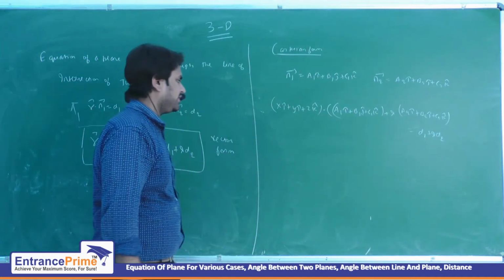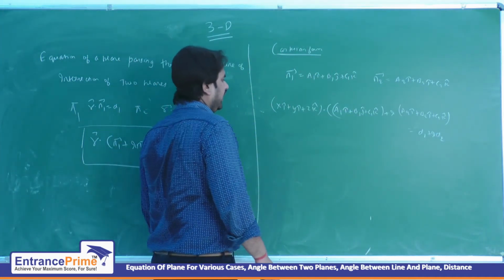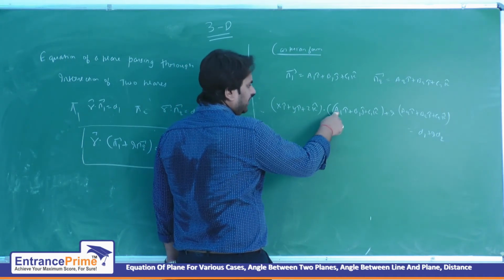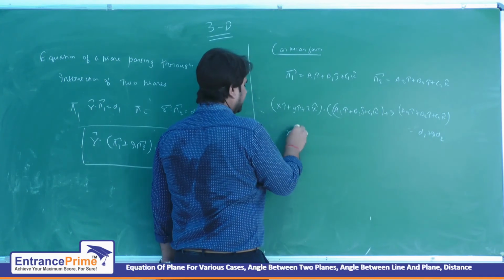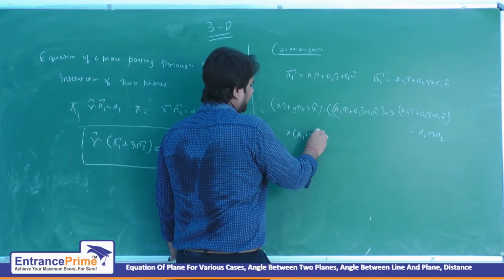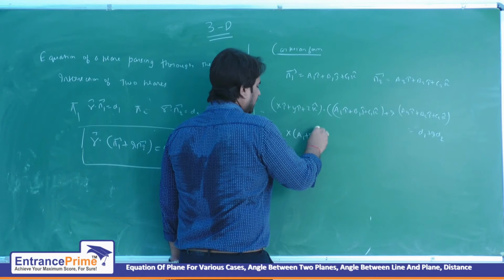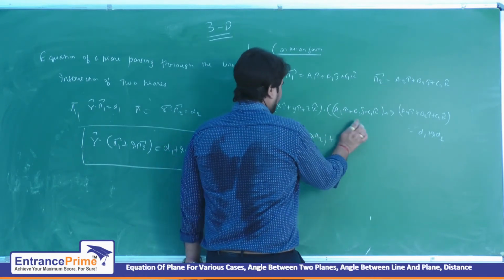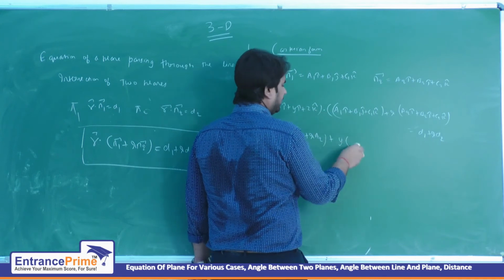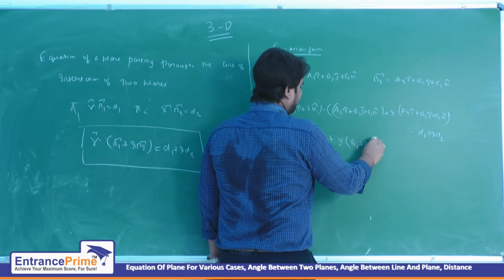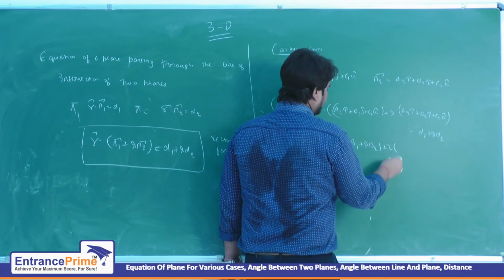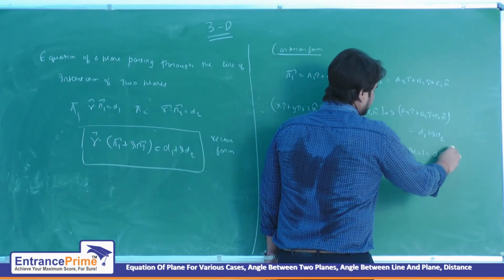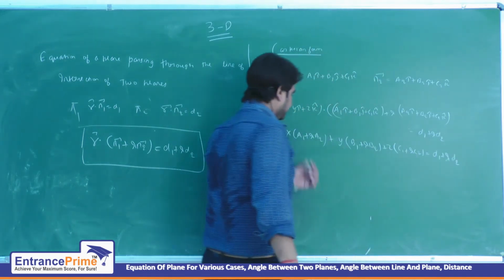When we solve this equation, it will become x into a1 plus lambda a2. Similarly, y will come out common: y into b1 plus lambda b2. Similarly, z into c1 plus lambda c2. That is equal to d1 plus lambda d2.